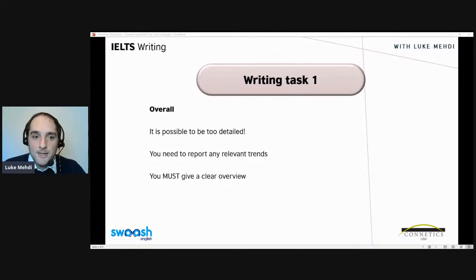If you're writing 250 words for task 1 and scoring quite a low score, you are probably focusing on detail and reporting too much. So remember, we're looking for trends, we're looking to give overall information, we're looking for the most important or key points. We don't want to give everything and don't want to give it in too much detail.